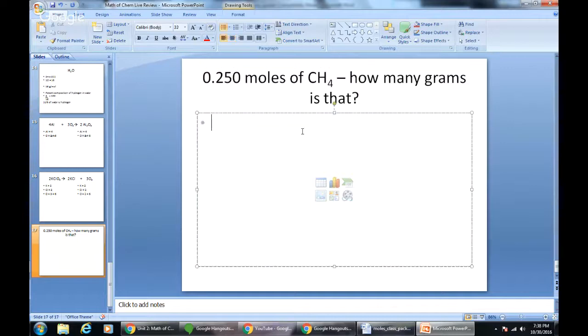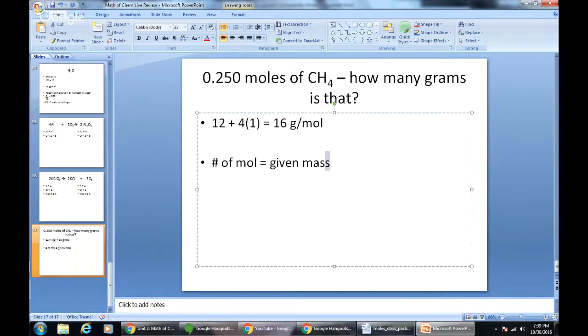CH4: carbon weighs 12, plus 4 hydrogens, gives you 16 grams per mole. You're using the mole formula: number of moles is equal to given mass over gram formula mass, and that's what you calculated before.